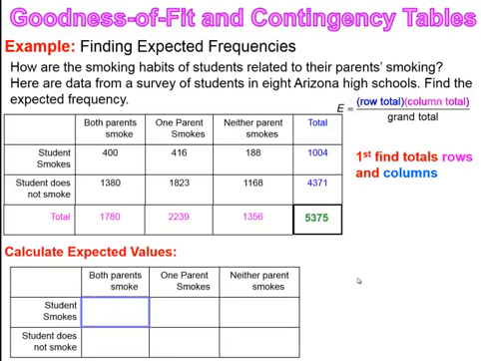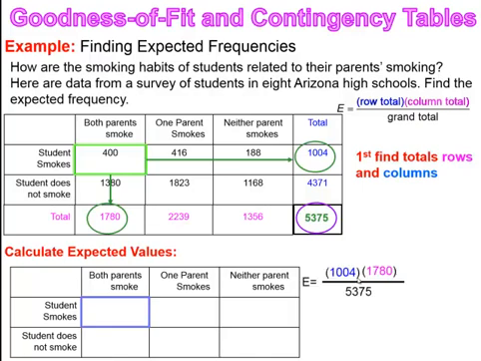Now that you have all the totals, you can find the expected frequency. So we're going to start by finding the expected frequency for the first cell. And the first cell has that 400 in it, and I want to find the expected frequency. To do this, I need to take the row total and multiply it by the column total and divide it by the grand total. So in this case, we end up with 332.49.